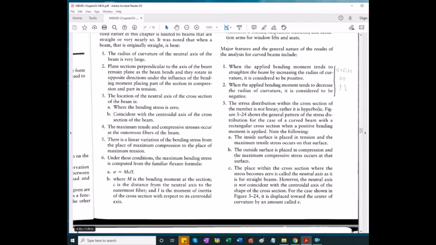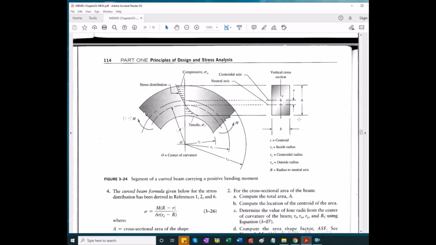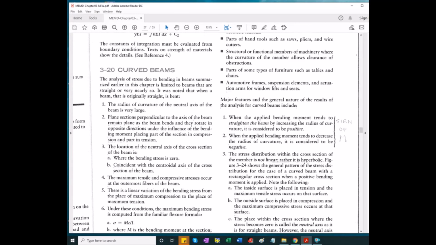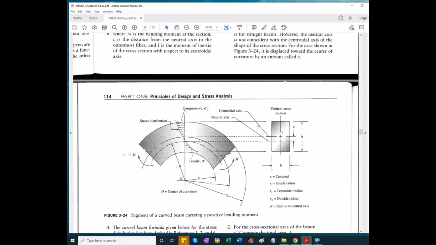The flexure formula is no longer correct. The linear distribution of stresses that you see in bending of straight beams is no longer applicable here. The analysis, you'll see, is based on a figure like this one.